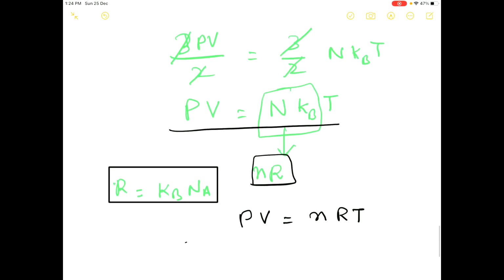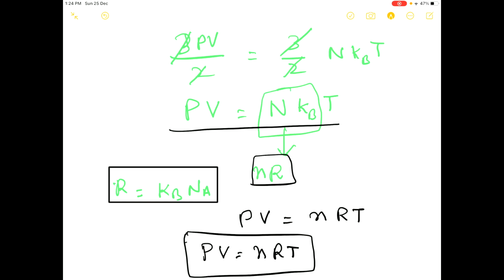Okay, then we get the equation PV is equal to nRT, and this is the ideal gas equation.